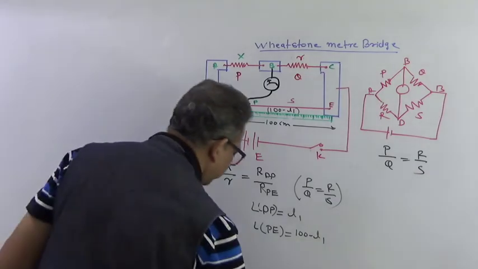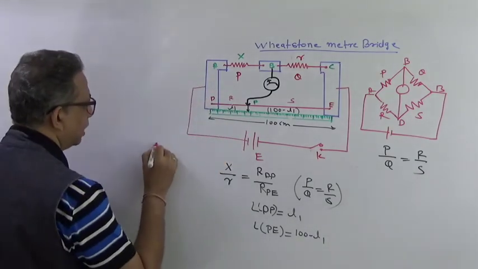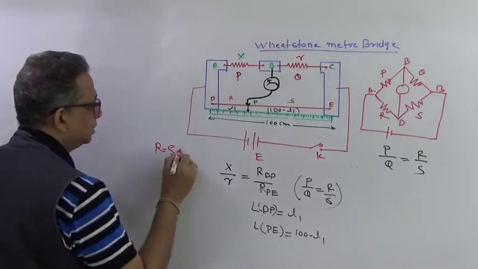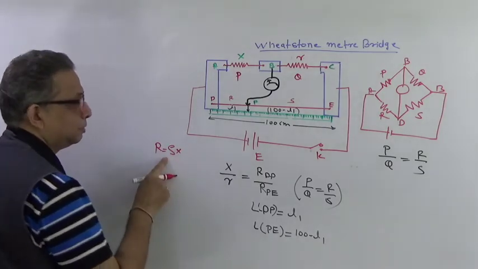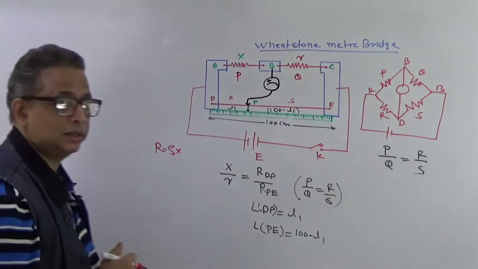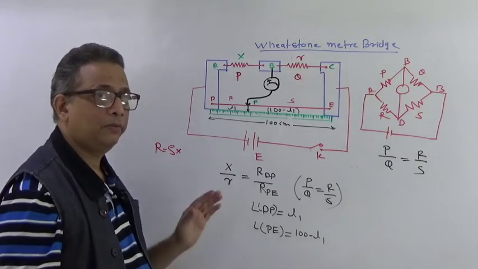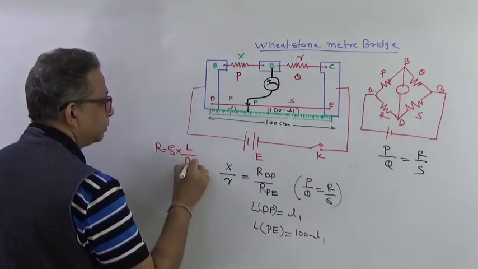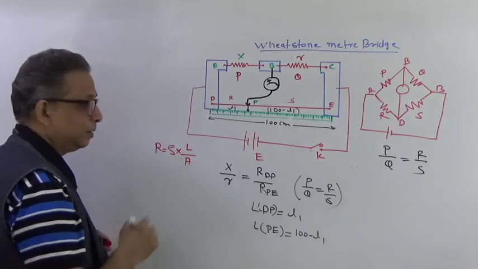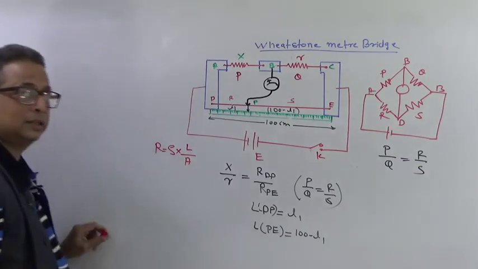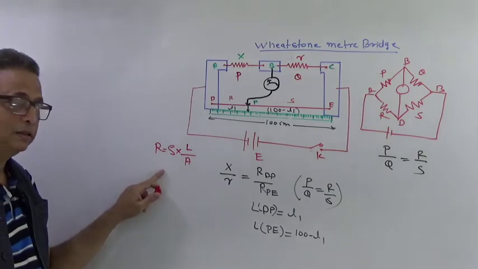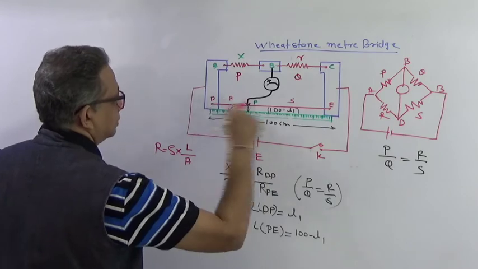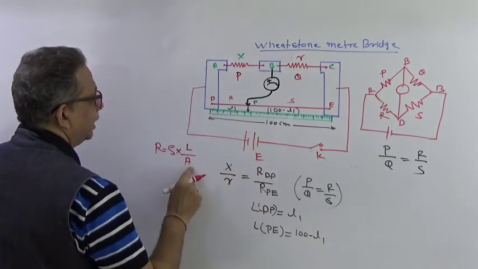We had seen in the chapter on resistance that the resistance R is equal to the specific resistance into L upon A: resistance is directly proportional to the length L and inversely proportional to the area A, right?